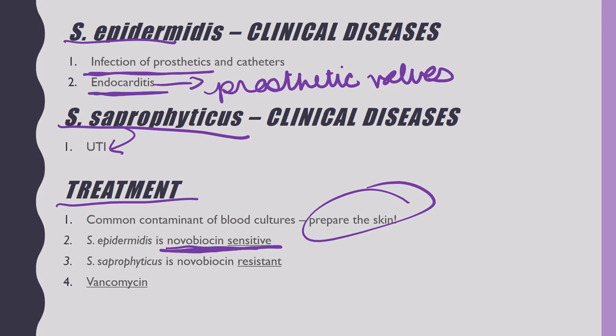So remember, both of these are coagulase negative, so that differentiates it from Staph aureus, but not from each other. So S. epidermidis is novobiocin sensitive, where S. saprophyticus is novobiocin resistant. So that's how you can tell them apart on a plate. And the way you're going to treat it, vancomycin. Vancomycin is generally the recommended treatment there. That's all I have on these remaining staphs.